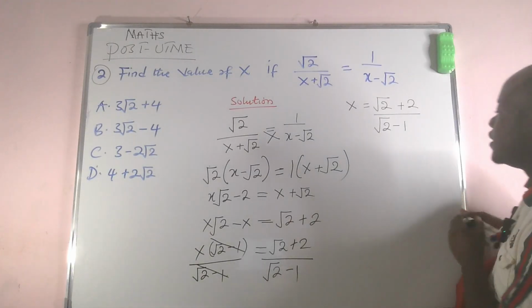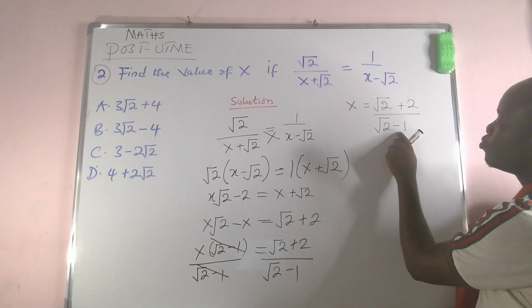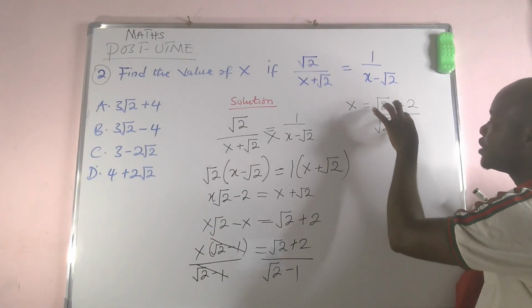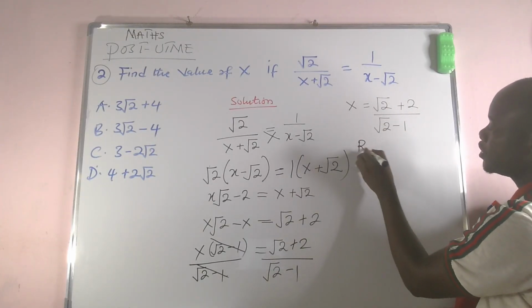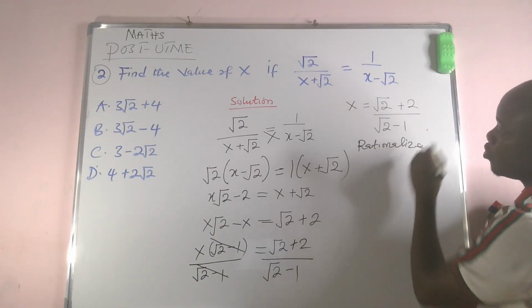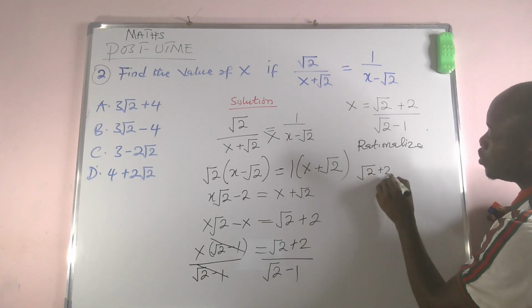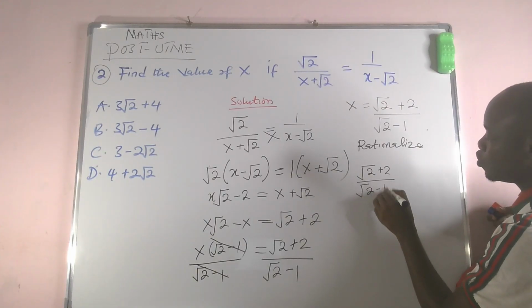So to rationalize this, we are now going to look at our denominator. Our denominator is root 2 minus 1. So we are going to take the positive sign of this and multiply it. So therefore, to rationalize, we are now going to have root 2 plus 2 divided by root 2 minus 1.